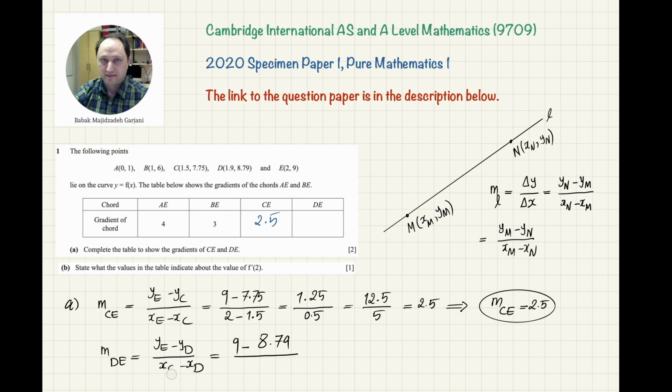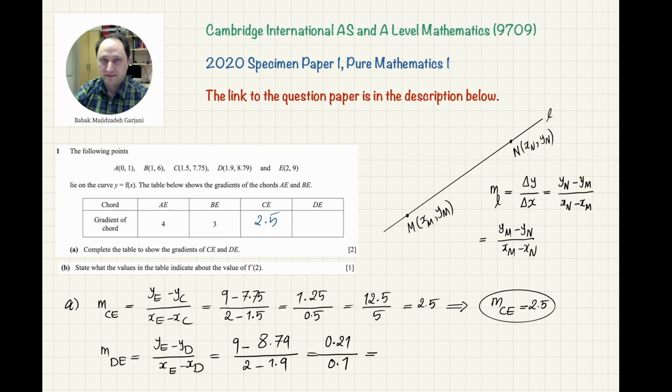This is not xc, this is xe. Okay, sorry. And then xe is 2, xd is 1.9. Now, the numerator, 9 minus 8.79 is 0.21, and the denominator, 2 minus 1.9 is 0.1.